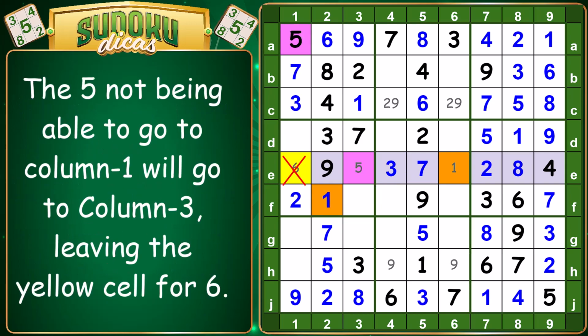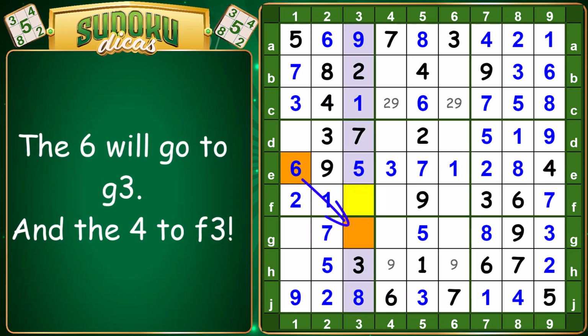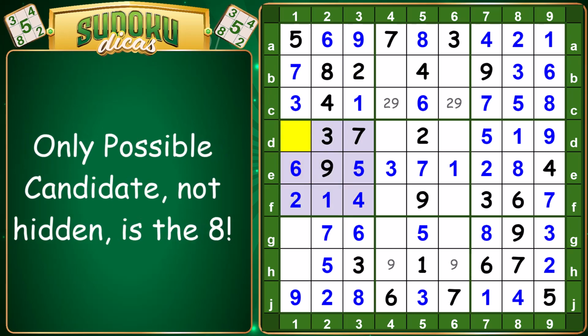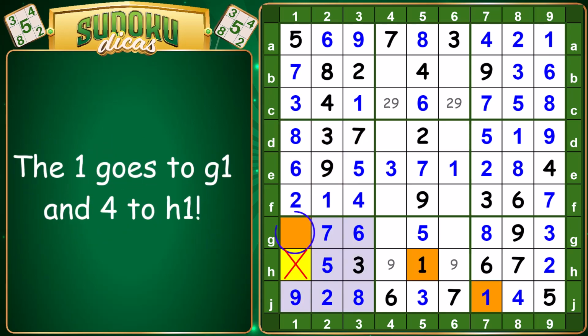The 5, not being able to go to column 1, will go to column 3, leaving the yellow cell for 6. The 6 will go to G3, and the 4 to F3. Only possible candidate, not hidden, is the 8. The 1 goes to G1 and 4 to H1.